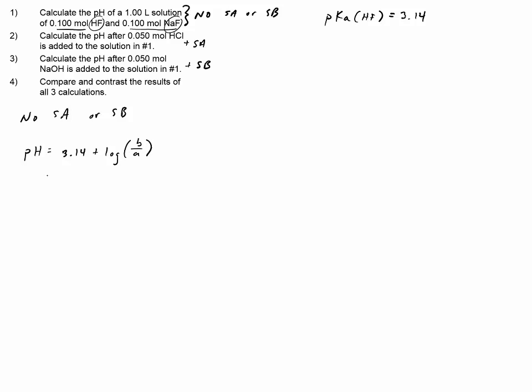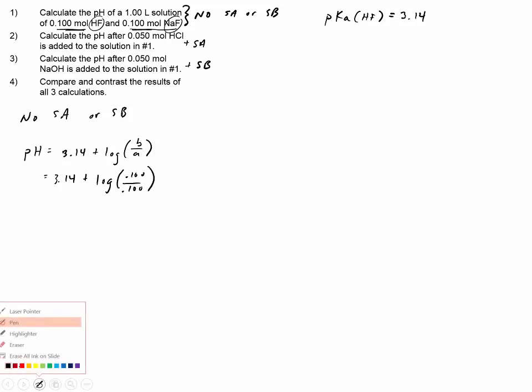And you'll see an interesting thing happens here when you have equal concentration of the conjugate and equal concentration of the weak acid. So this would be the log of 0.100 over 0.100. This is an important detail of buffers, and we'll see this come into play when we do titrations.